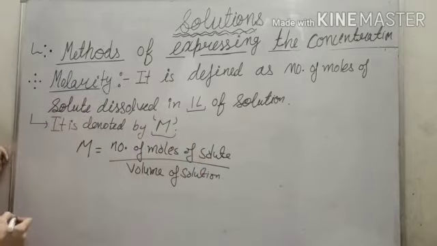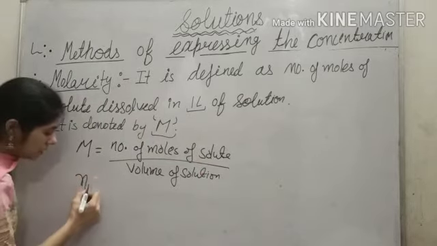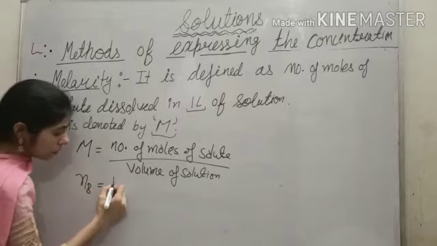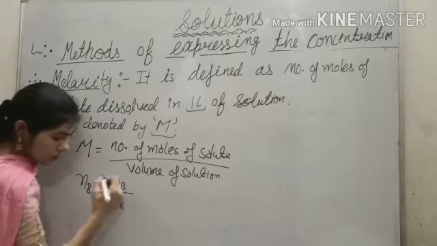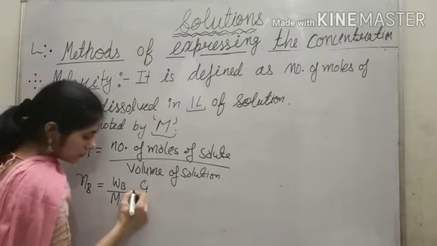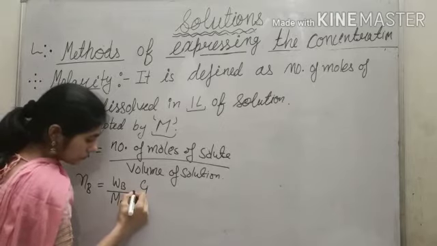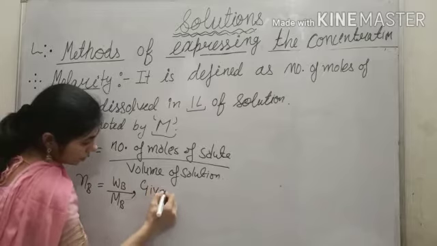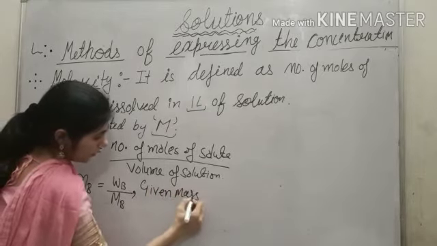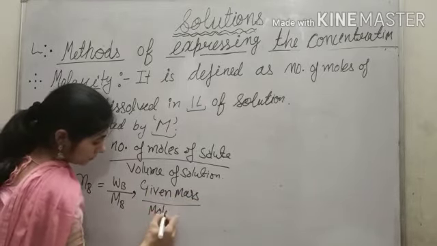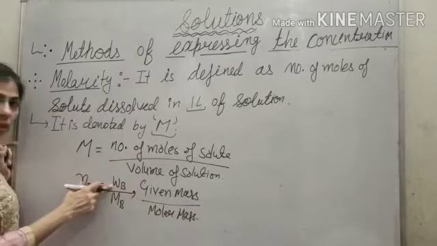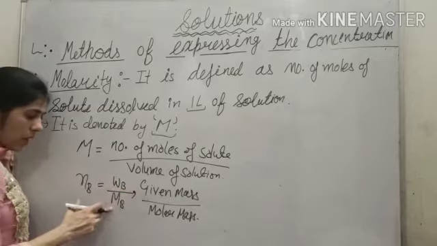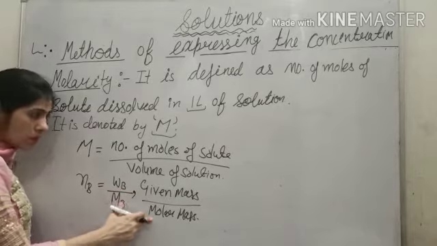And number of moles of solute B is equal to given mass of the solute divided by molar mass. WB is used for the given mass and MB is used for the molar mass of the solute.